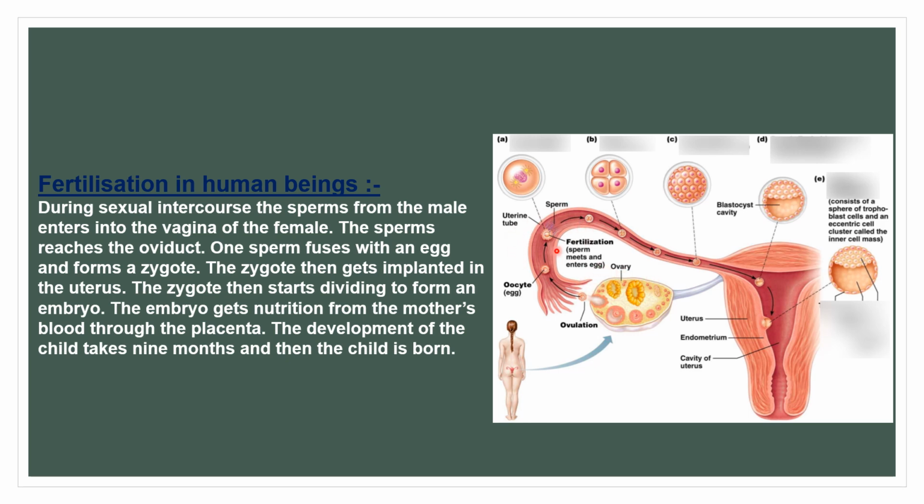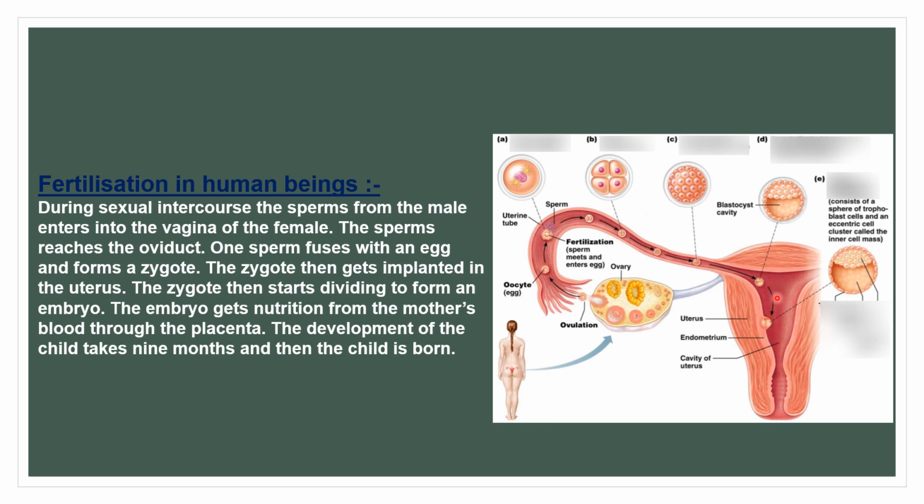Later, the zygote gets implanted, it is fixed. It is implanted in the uterus. The uterus, as I already told you, is the place where the baby will develop. It is the mother's womb. Then this zygote starts to divide to form an embryo.